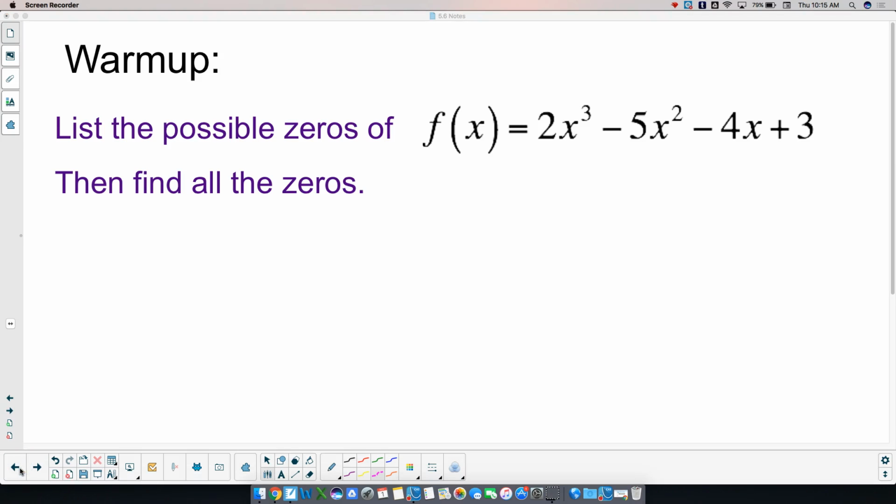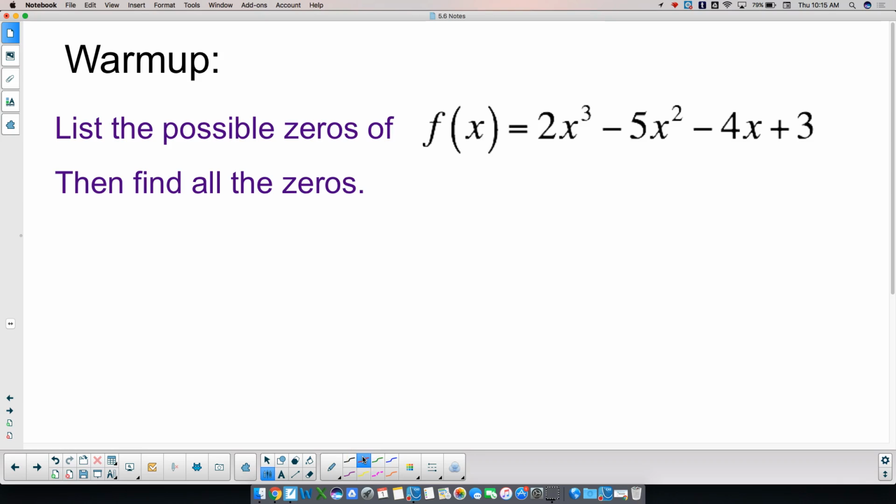So the first thing is I need to find the factors of 3. Factors of 3 are 1 and 3. Then I need to find the factors of 2: 1 and 2.